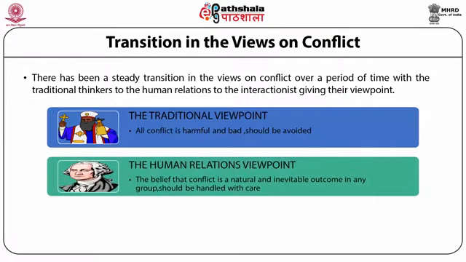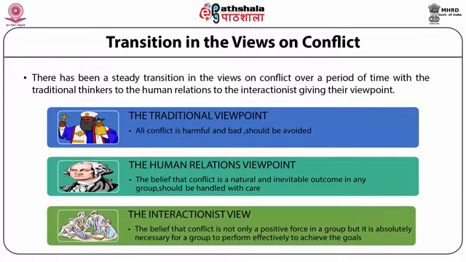The human relations viewpoint is of the belief that conflict is a natural and inevitable outcome in any group and thus should be handled with care. The interactionist viewpoint feels that conflict is not only a positive force in a group, but it is absolutely necessary for a group to perform effectively to achieve the goals.